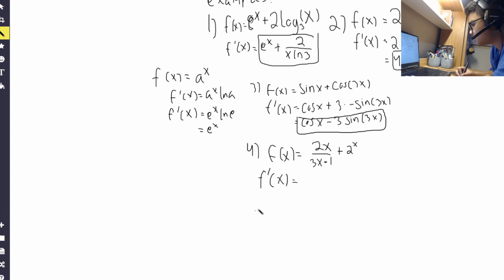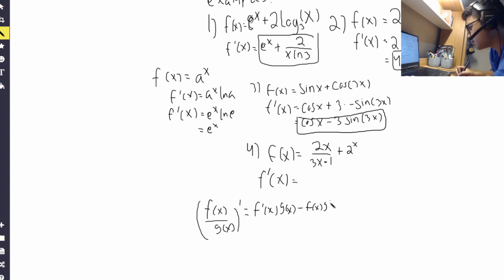The quotient rule tells us that the derivative of f(x) over g(x) is f'(x) times g(x) minus f(x) times g'(x), divided by g(x) squared.